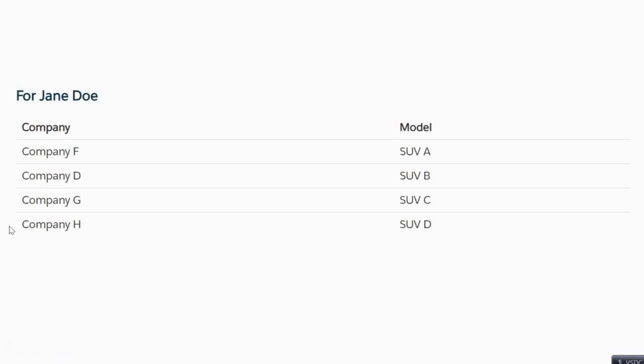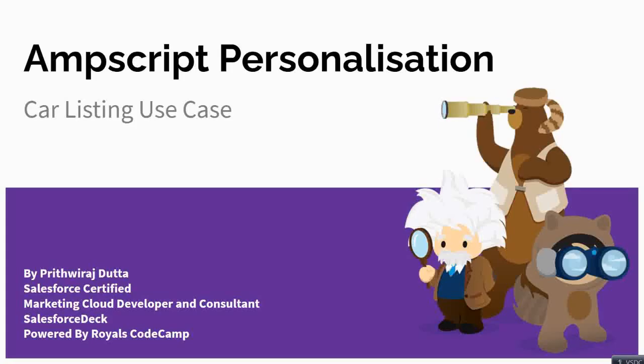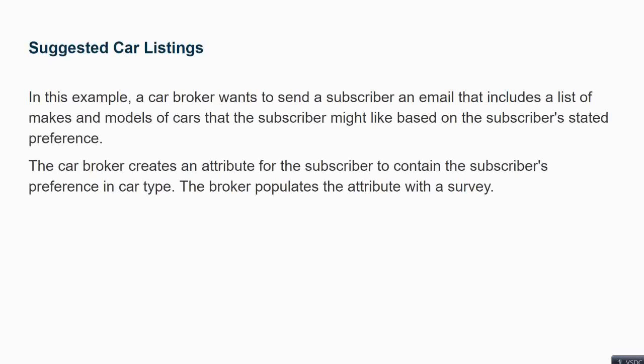So you see, this is more personalized, and if you give an engagement button at the end of your email, there will probably be a higher conversion rate. They will click and go to a cloud page or a website where they can get the car, or at least register to get a quote, whatever the case might be. So this is the use case for AMP script personalization.